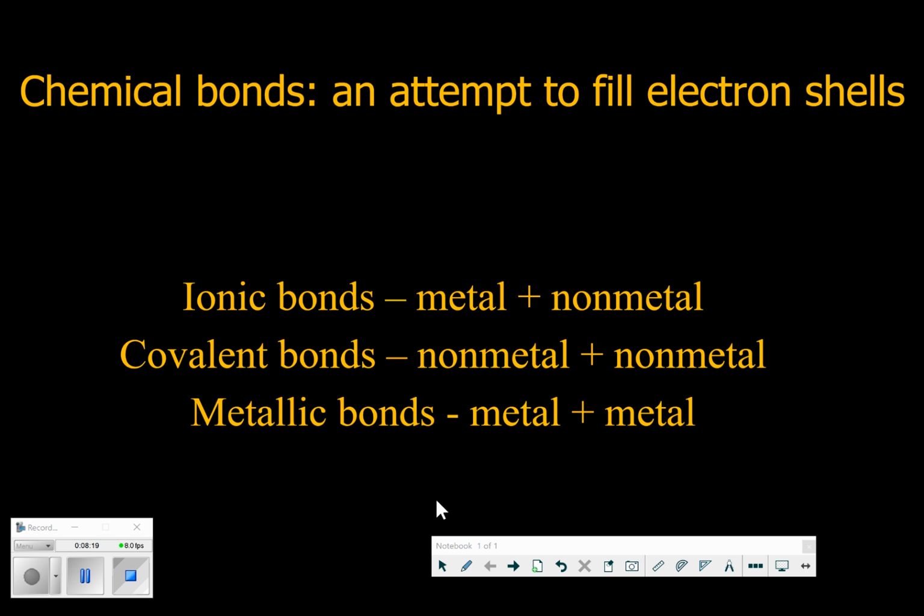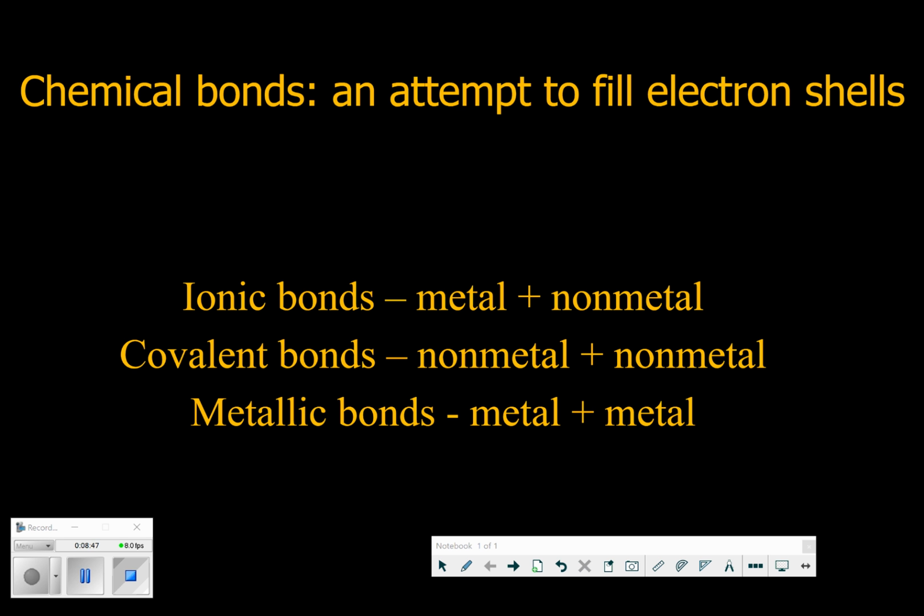All right, a chemical bond is an attempt to fill an electron shell. The entire goal is to fill the electron shells, to make them full. So an ionic bond is a metal plus a nonmetal. So if you've got anything on the left-hand side of the stair-step metalloids, with the exception of hydrogen, that's a metal.